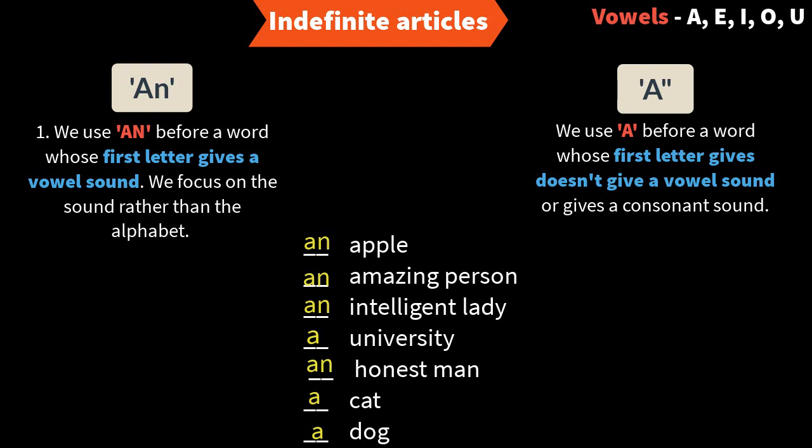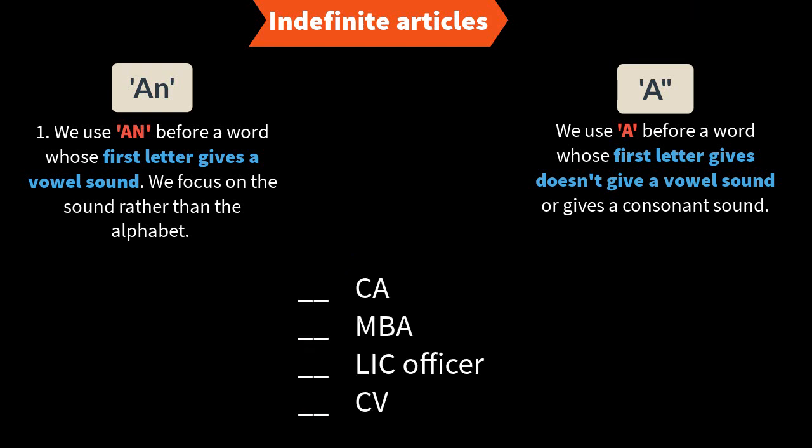Now guys, this rule has to be followed even when you're dealing with acronyms. Let's take some examples like CA, MBA, LIC officer, CV. Now the same thing is gonna be applied with these examples, right? When I pronounce the word CA, I don't say ka, I say sea-A. A CA, my brother is a CA, okay? Sa, CA.